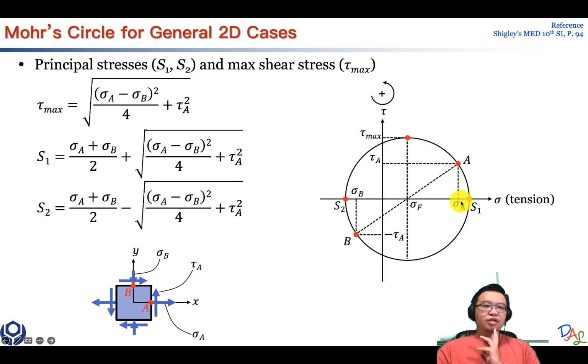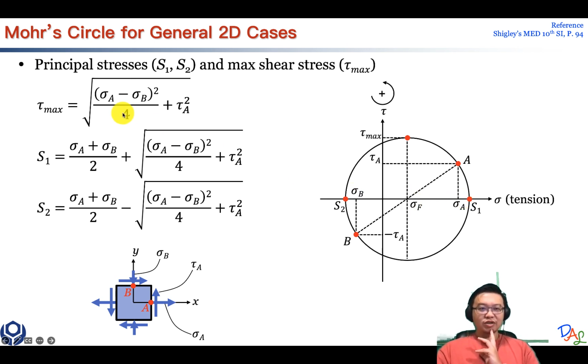So take half of it and square it. Once you have the radius, how about S1? From this point it is sigma A plus sigma B divided by 2, half of sigma A plus sigma B. That would be this point.